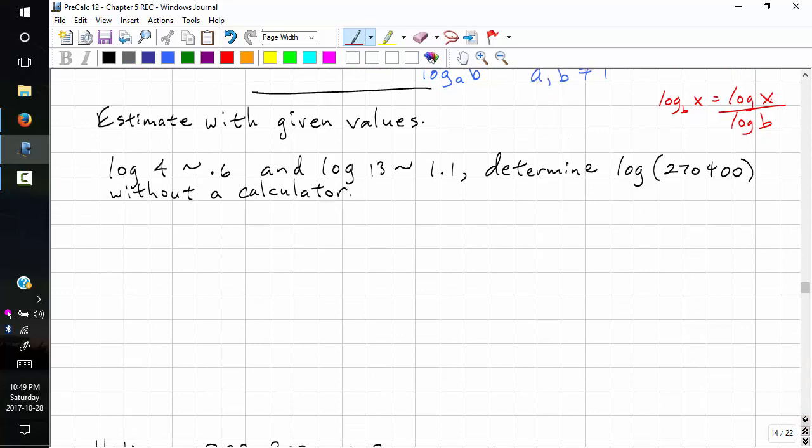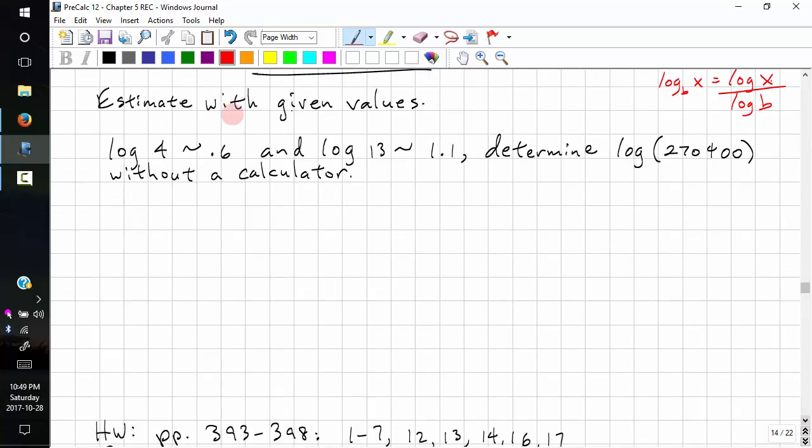And for a slightly harder problem, we need to estimate the log with given values. So if we're given log 4 is approximately 0.6 and log 13 is approximately 1.1, determine the log of 270,400 without a calculator. So we need to factorize this using these factors.